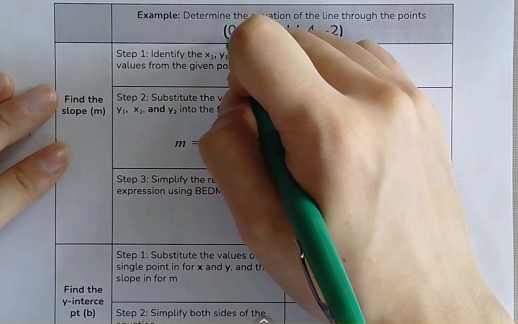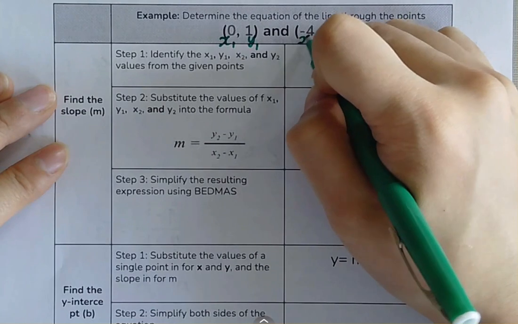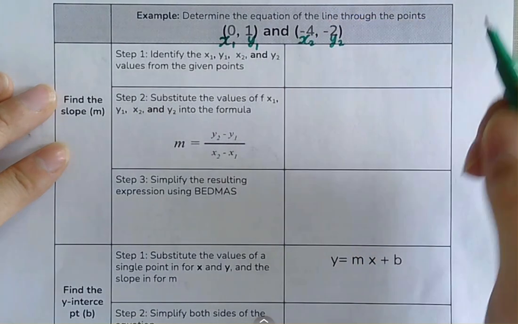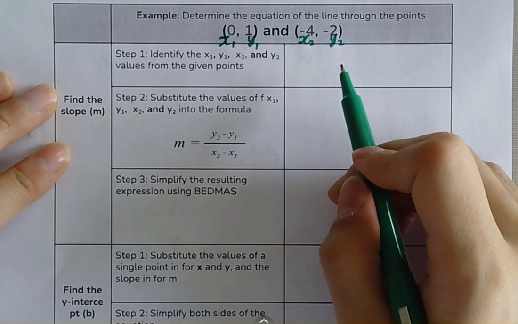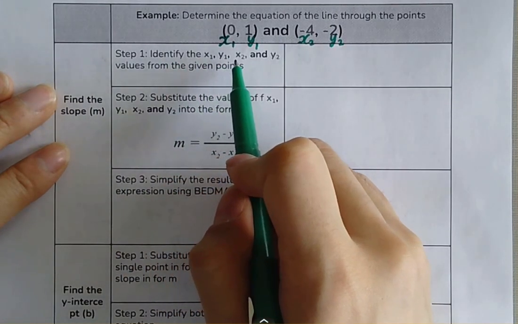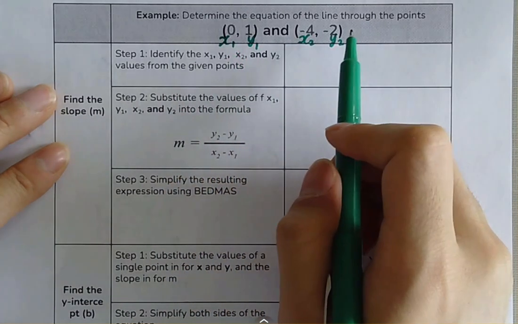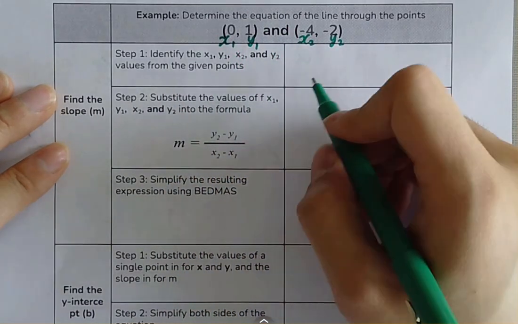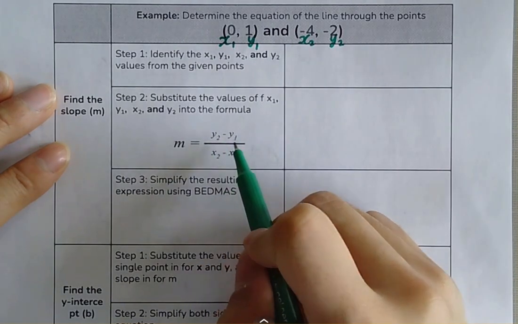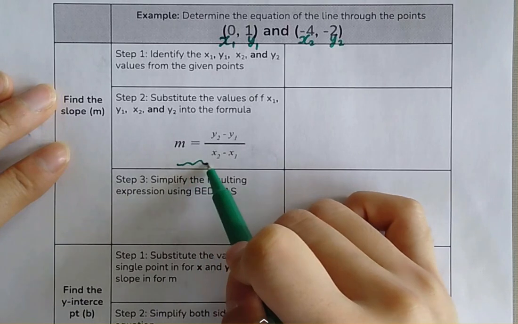So I'm going to say that this is going to be my x1, y1, x2, and y2. Then what is going to happen? So the first step was to identify the x1, y1, x2, and y2 from the values of the given points. So I'm just going to say these are my points, and I'm just going to replace these points into my formula here.